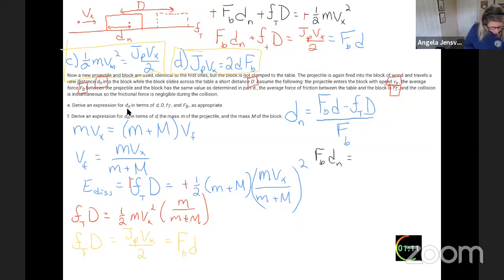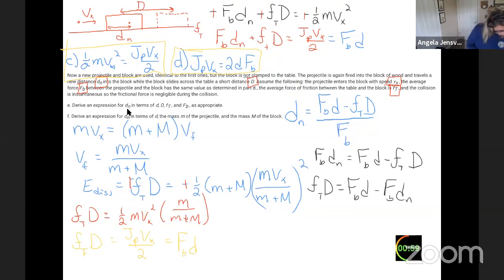FBDN equals FBD minus FTD. Okay, and I'm solving for FTD. So it would be FBD minus FBDN. So then this yellow thing is equal to FBD minus FBDN. Let me make sure I'm on the right track before I keep going.